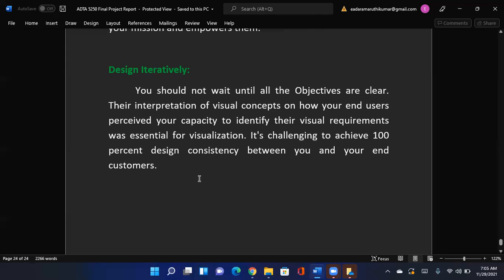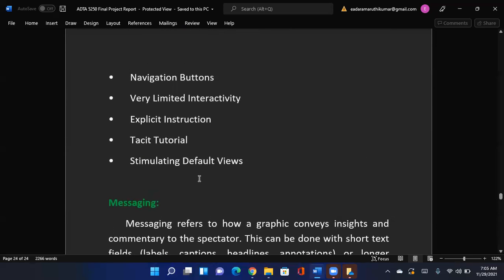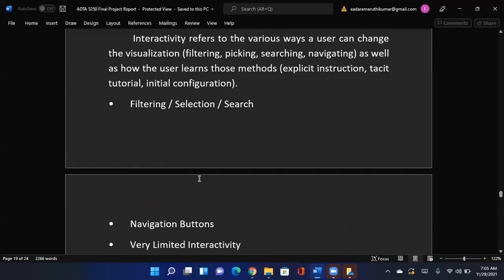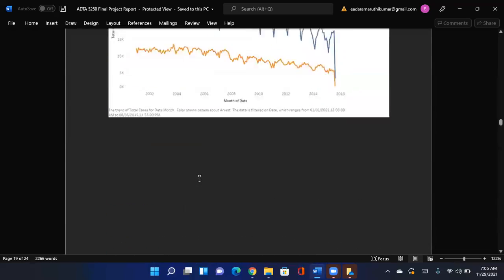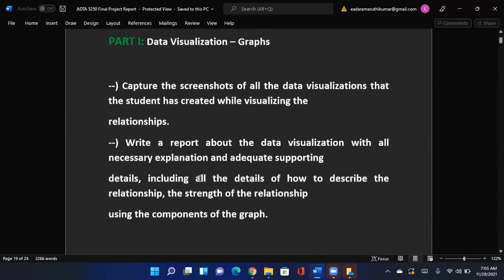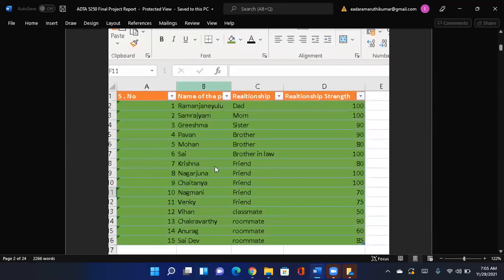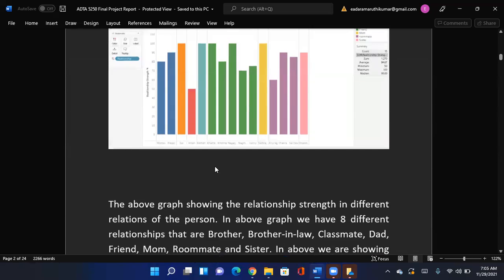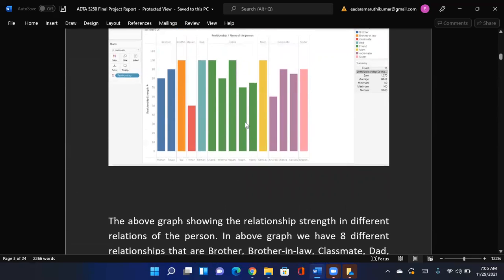This is what I worked on in the final project in ADTA 525, large data visualization. I worked on a total of four parts. In part one, I worked on relations and relationships of the person, and then the graph.